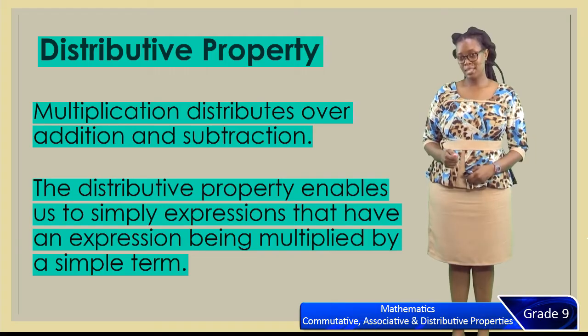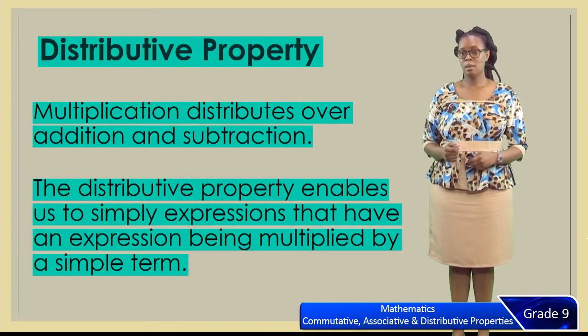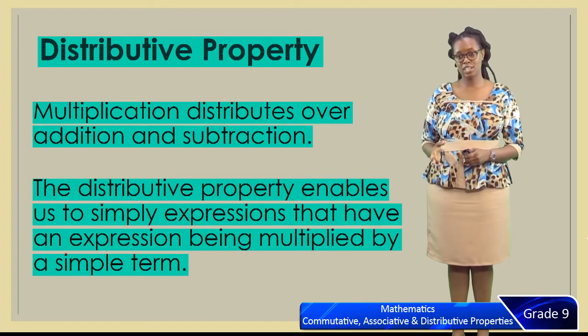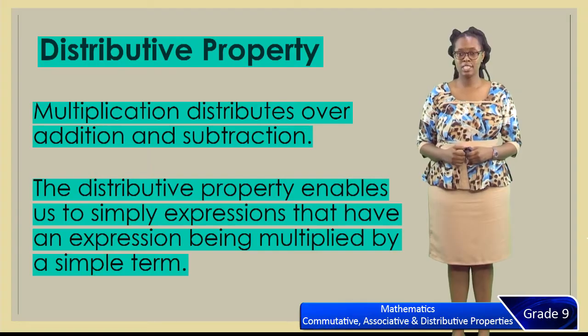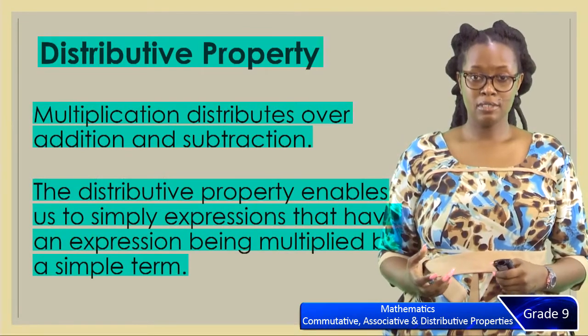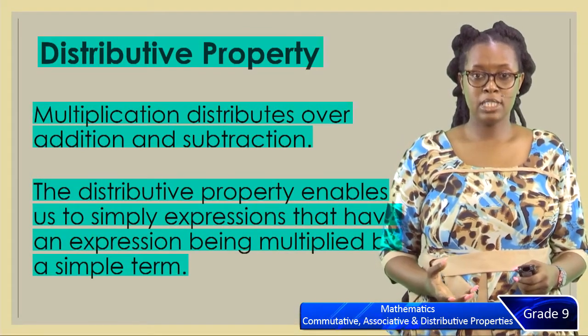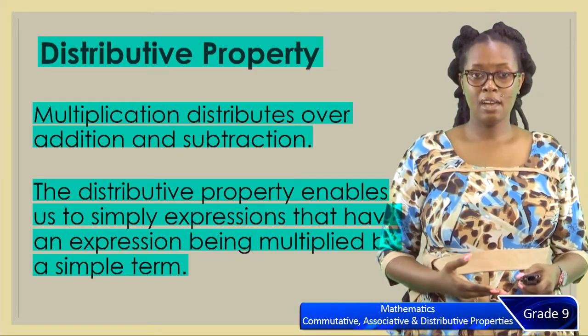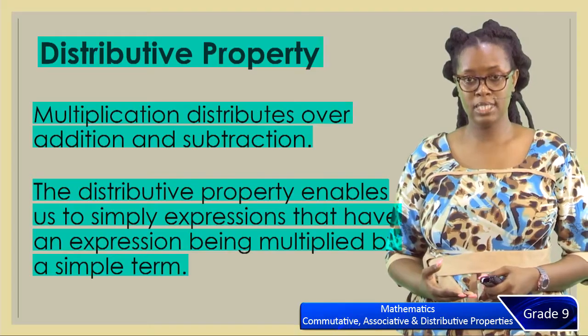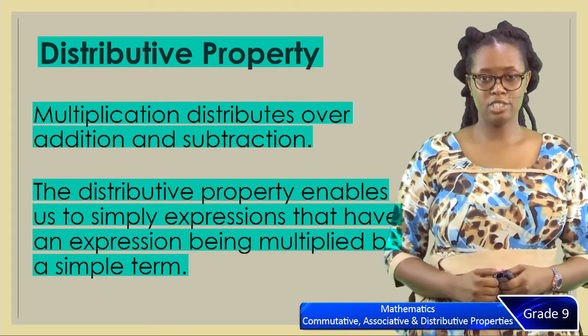Now, we know that a mathematical expression comprises numbers and letters, separated by an addition, a subtraction, a multiplication, or even a division sign. So whenever we have some expression that is being multiplied by another expression or by another term, we have to use the distributive property to simplify that expression.